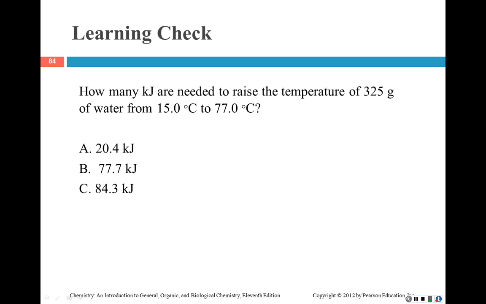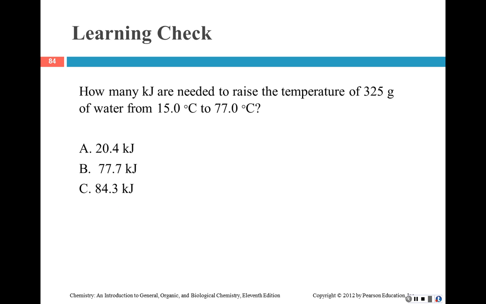How many kilojoules are needed to raise the temperature of 325 grams of water from 15 degrees C to 77 degrees C? Okay, you can look up what the specific heat of water is.